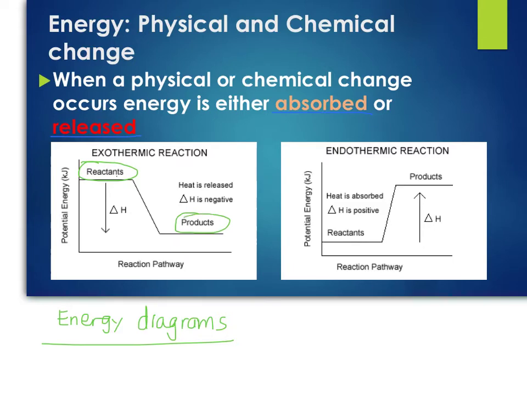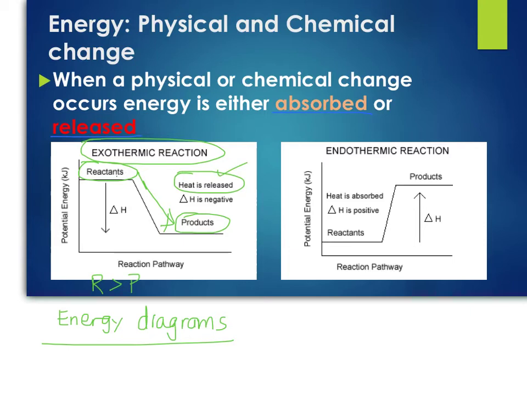Here we see that the reactants have more energy than our products. So that means heat was released, because they had to give off energy to get down to this level. And when that happens, we call this an exothermic reaction, because heat is released.